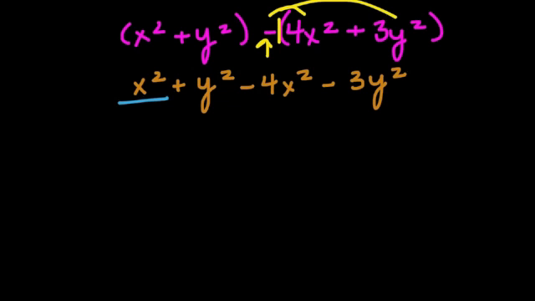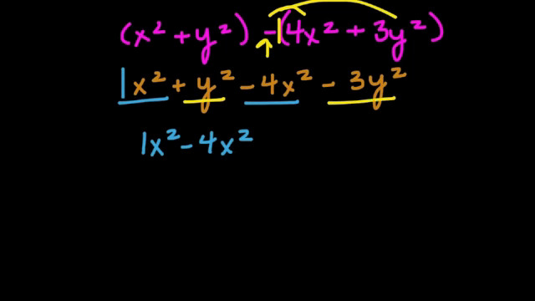I have an x squared term and a negative 4x squared term. Remember, this is technically a 1x squared. So let's write that together: 1x squared minus 4x squared. And then our second terms go together, plus y squared minus 3y squared. Again, that's a 1, so I'm going to put plus 1y squared minus 3y squared. Let's combine them together.